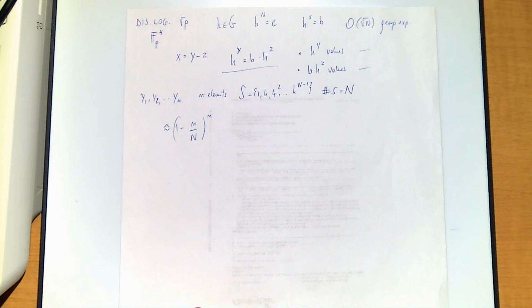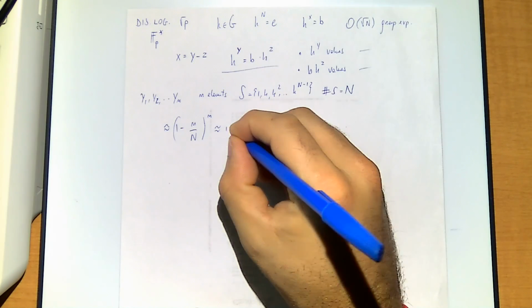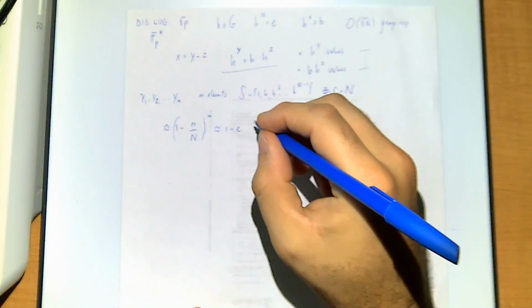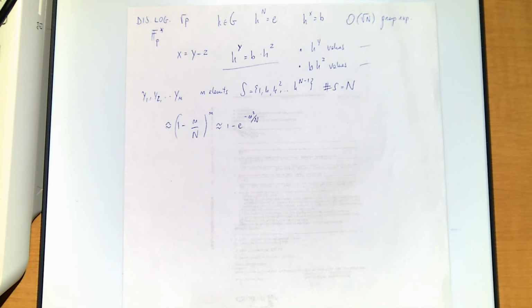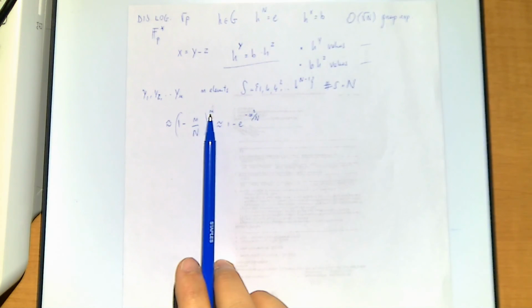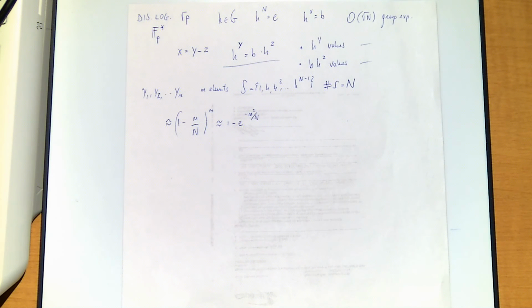And this is approximately 1 minus e to the power of minus n squared over N. So it's n squared now instead of being m times n, because the number of balls that we extract is the same as the number of red balls. Before we had n red balls and I draw m of them. Now these two numbers are the same, so I get n squared.